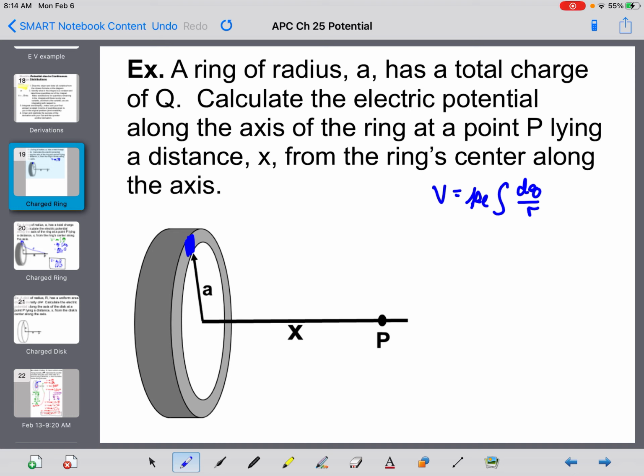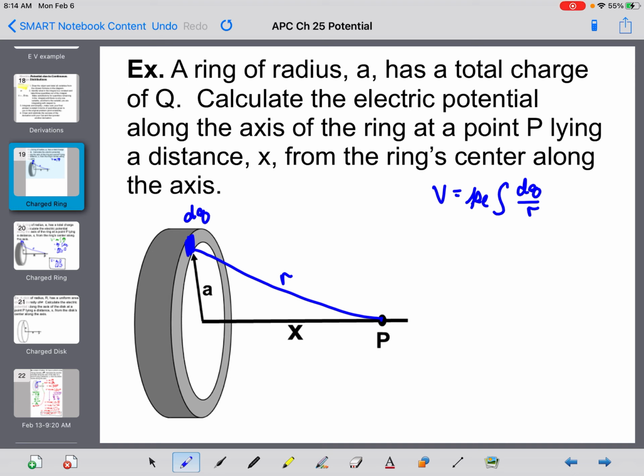My ring has no thickness to the left and to the right. So I have my dq chunk. It's located out at a distance r. There is no vector, no arrow, nothing I draw at point P. So that is dq.